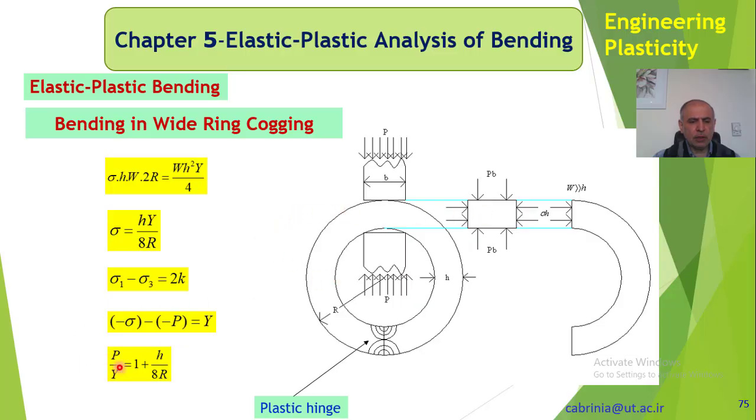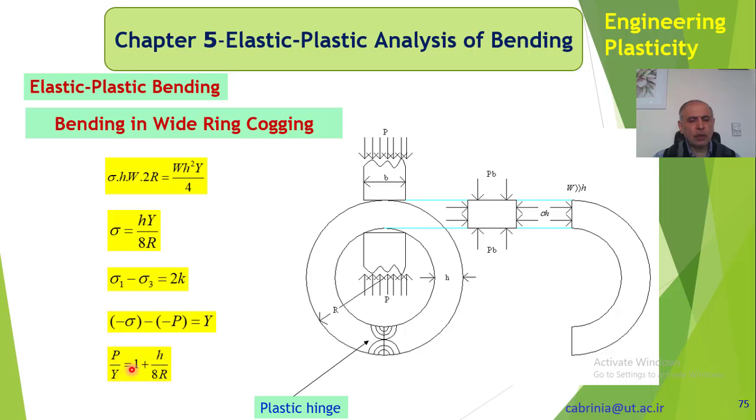Another thing to note in here is that this dimension H relative to 8R is very small. I mean, this fraction is very small relative to 1. So we can disregard this, and P over Y is equal to 1 for most cases.